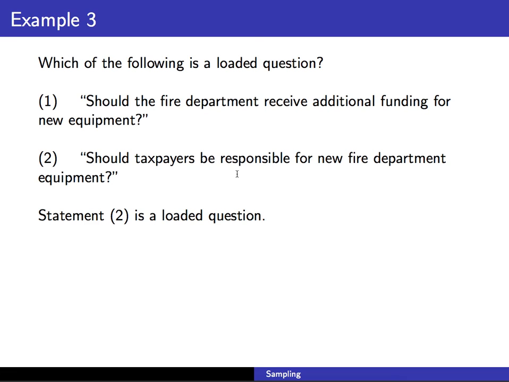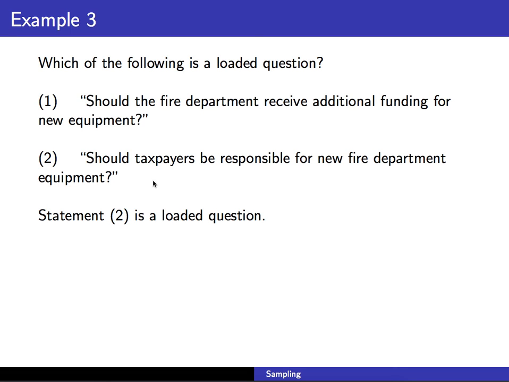The non-loaded question is question one: should the fire department receive additional funding for new equipment? To look at it from another point of view, another example of a loaded question would be, should the fire department receive additional funding for new equipment to help save lives? The phrase 'to help save lives' is added to elicit a desired response.